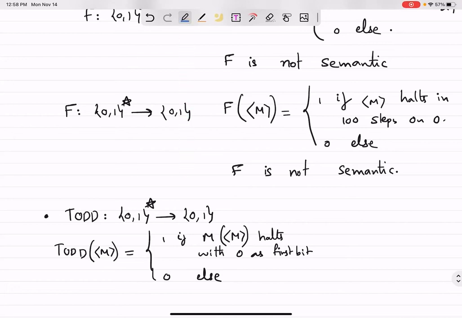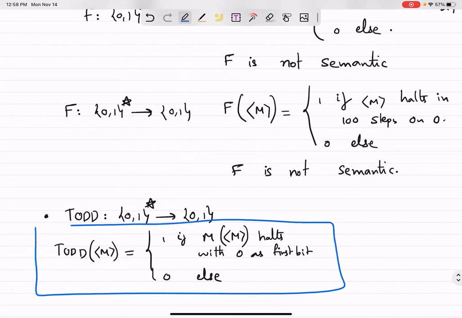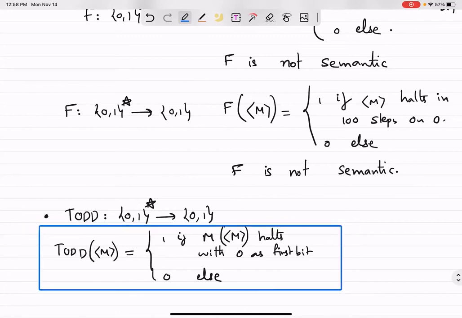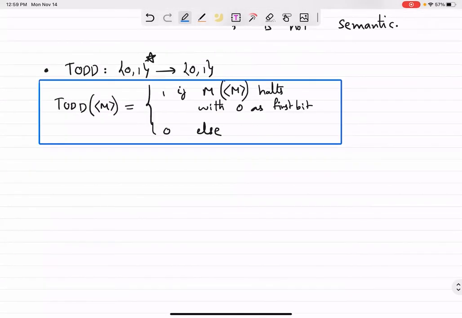So is toddler a semantic function? If not, why? If yes, why? Any guesses? The thing to keep in mind is that semantic means it should really only depend on the input-output behavior of the machine, right? So my claim: toddler is not semantic. Why?